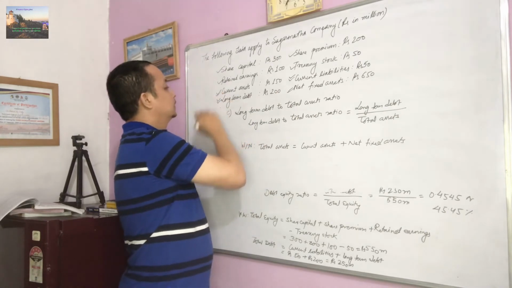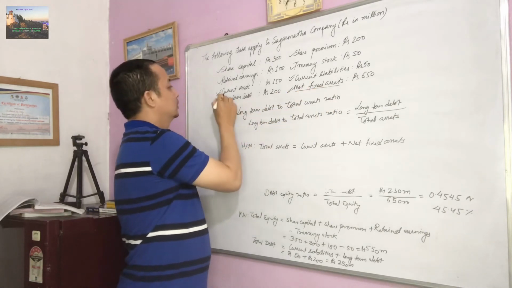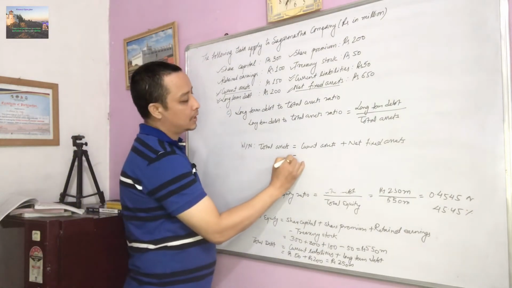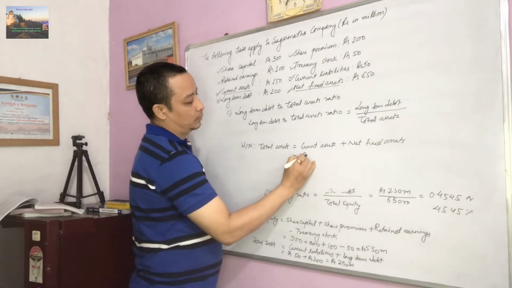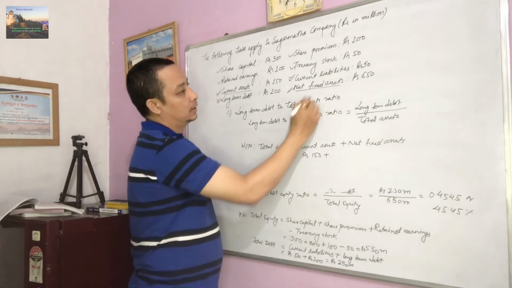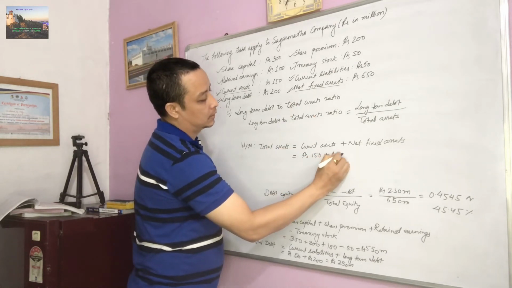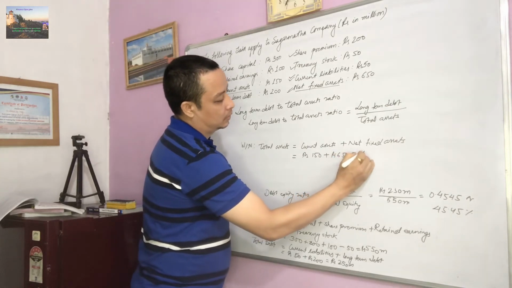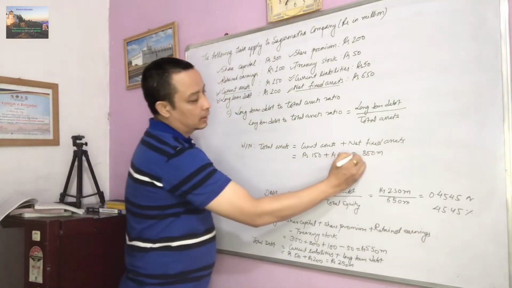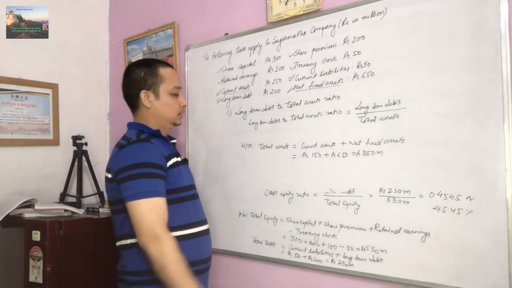Current asset and this two, if you add, then you will get the total asset. So current asset is your rupees 150 million plus net fixed asset rupees 650, that is your 800 million. Total asset is rupees 800 million. This is your total asset.